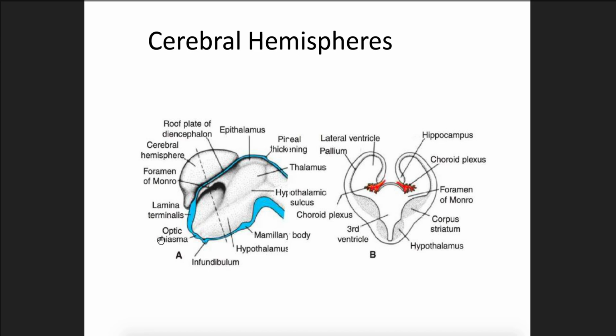But for now you need to understand that when you talk about the development of the cerebral hemispheres, you have to talk about neuroblasts going laterally and outwards from the diencephalon, and then you have to talk about a midline structure, the lamina terminalis, one on either side of the hemispheres. So each hemisphere will have one lamina terminalis, which is a midline thickening.